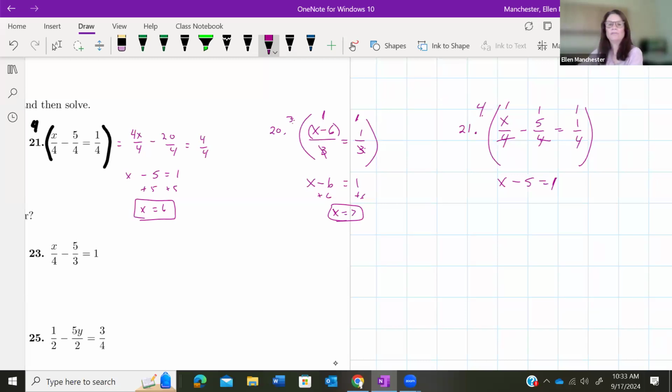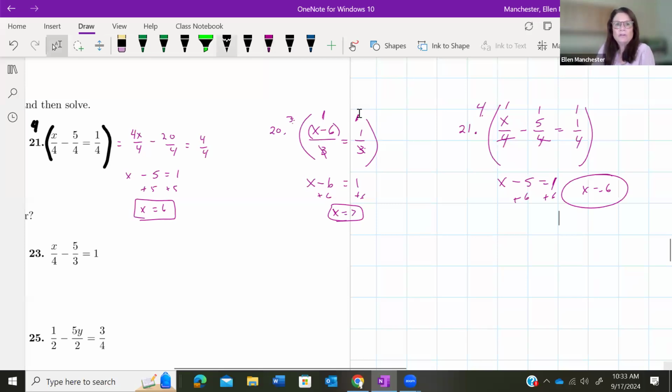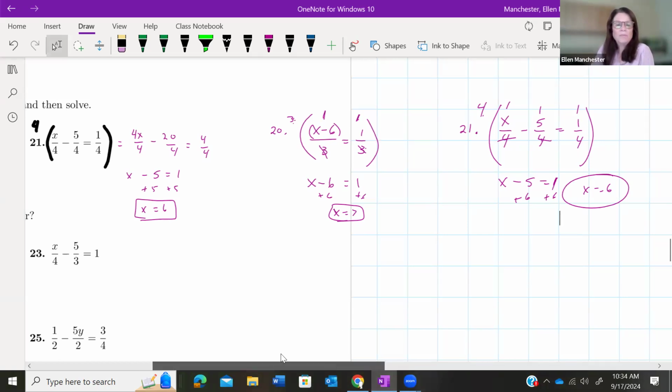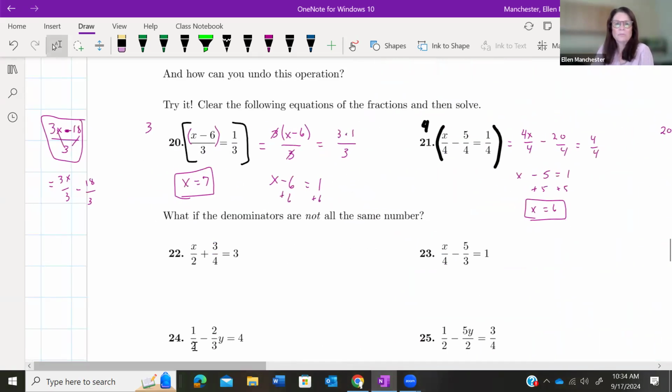We can just cancel the 4's because we're multiplying through by 4. And then we get x equals 6. So either way. Those of you on Zoom, is there one technique you like better over the other? Like the reduce, then multiply? Okay, good, Daniel. And again, it's a personal preference. That's all it is, a personal preference.